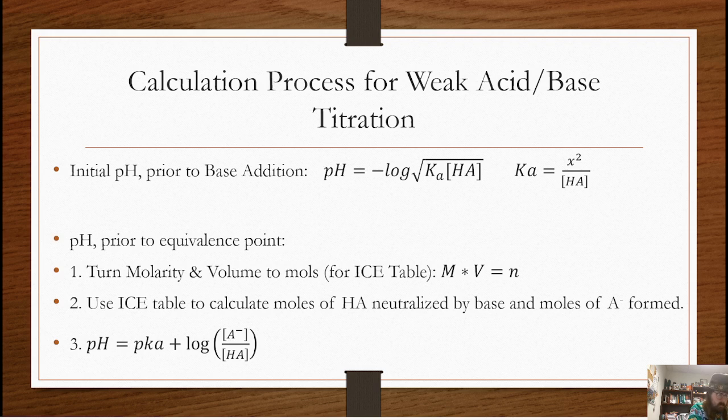So we have to go MV to moles. Then we're going to subtract our limiting reactant. And now here's the beauty, though, because at this point the moles of A minus and the moles of HA are going to be the same.